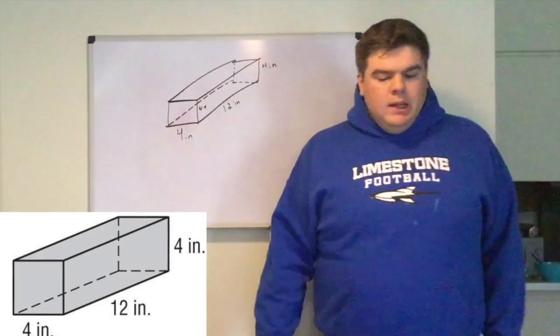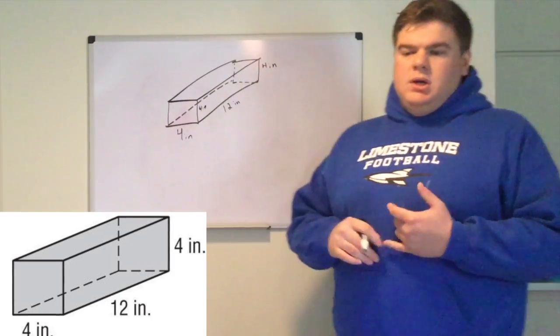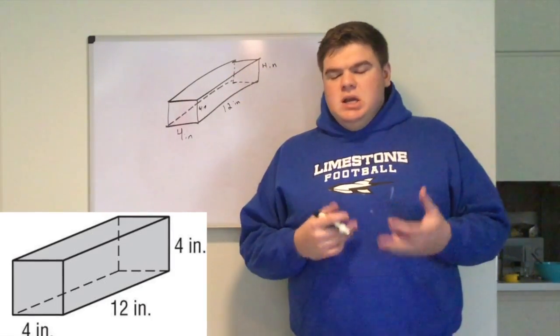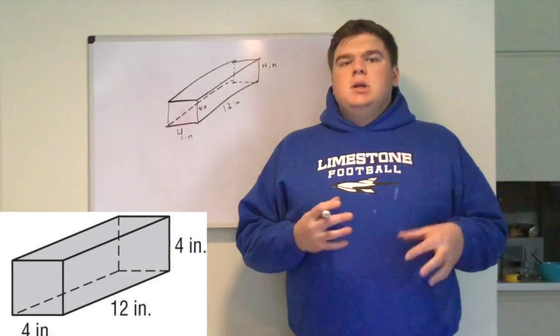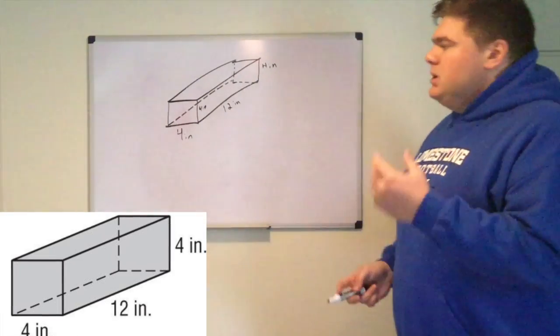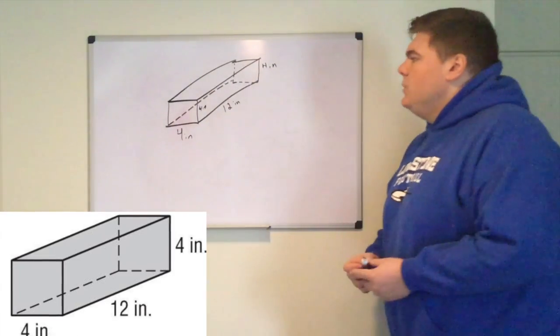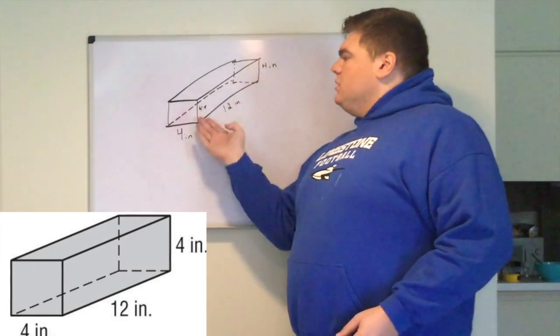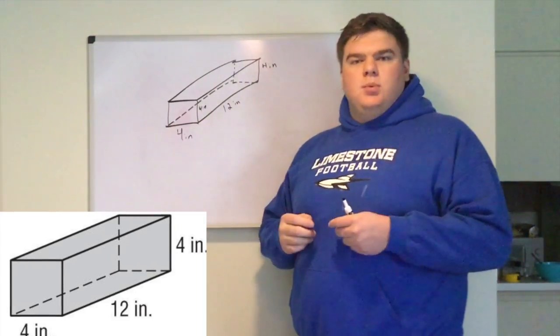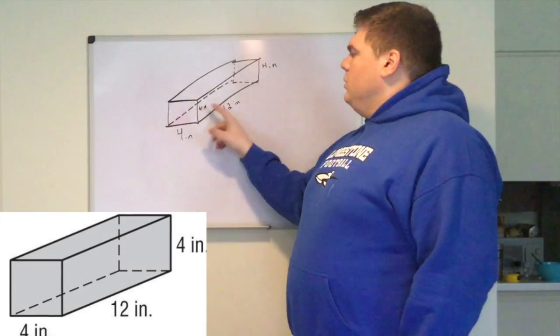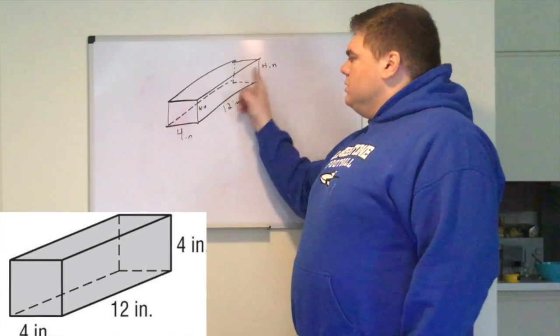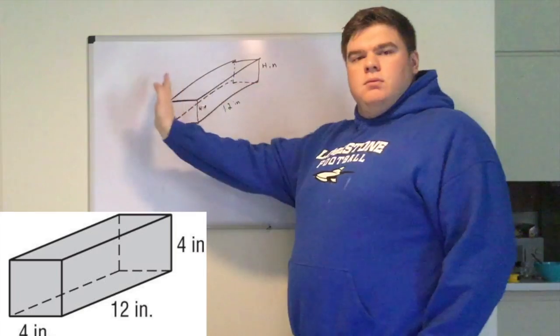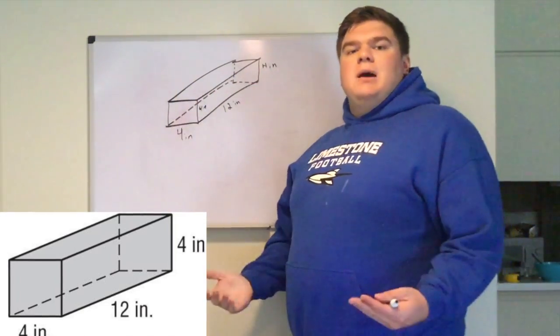All right, now rectangular prisms are the place where you can get away with not really knowing the bits and pieces. Because let's say we call this long face the face of our prism. Well, in that case, we have 4 times 12, so this face is 48, and then its height is 4. That works.